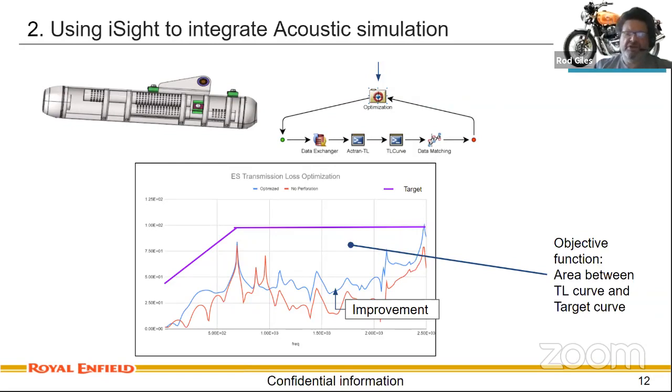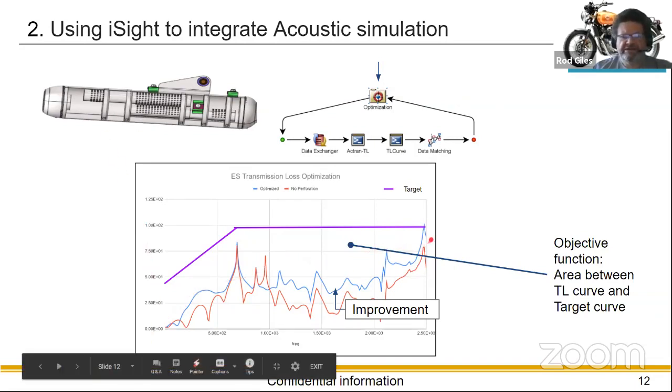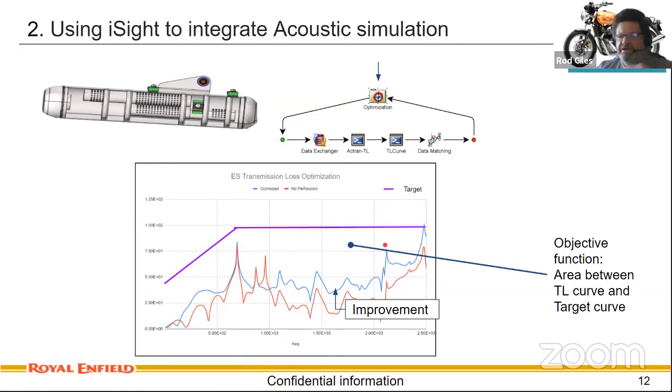And we need to describe a target function, and what we want to do is to minimize the area between the transmission loss curve and a target function. And if we can do that and raise up the level of the transmission loss, we will have a quieter exhaust system.